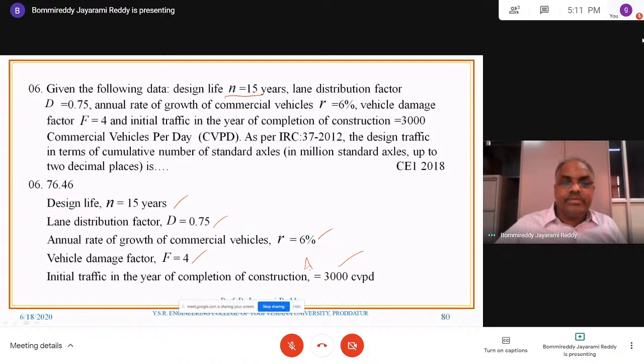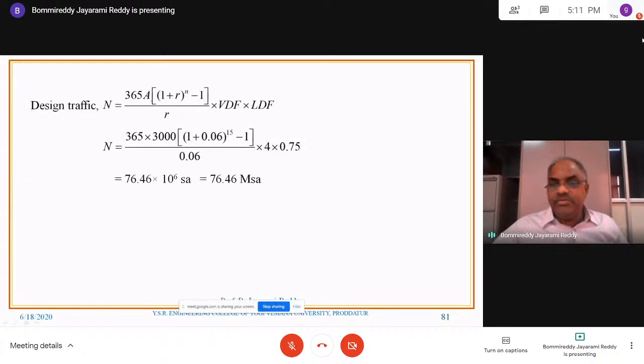CVPD means commercial vehicles per day. As per IRC 37, the design traffic in terms of cumulative number of standard axles, the question is, what is NS? You have to remember this formula: 365 A ((1 plus R) whole power n minus 1) by R, into vehicle damage factor, multiplied by lane distribution factor. And substitute everything. A is 3000, R is 6%.